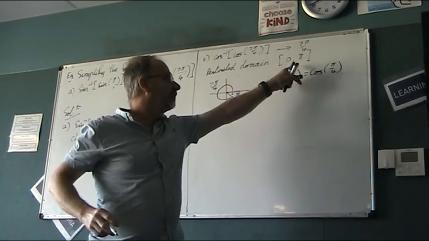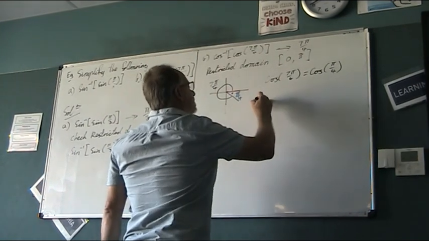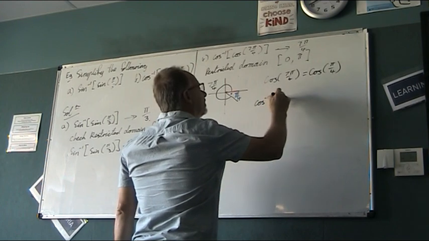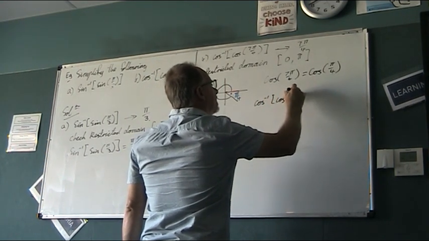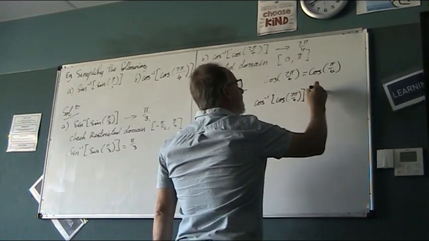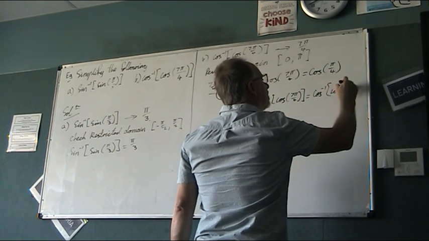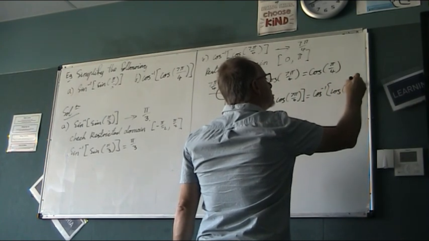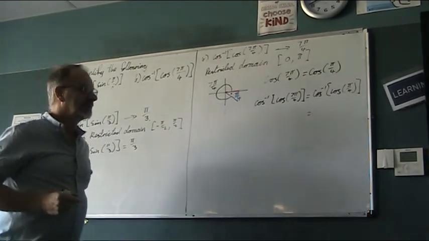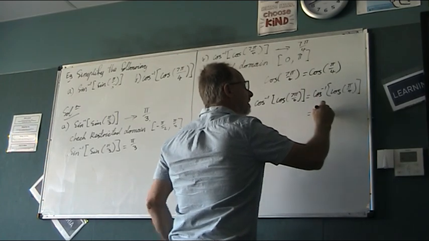Now pi on 4 fits into this here, yes. So from that we could say that the cos minus 1 of the cos of 7 pi on 4 would be the same as the cos minus 1 of the cos of pi on 4. They'd be the same, would they not? Yep. So the final answer we're looking for is pi on 4.